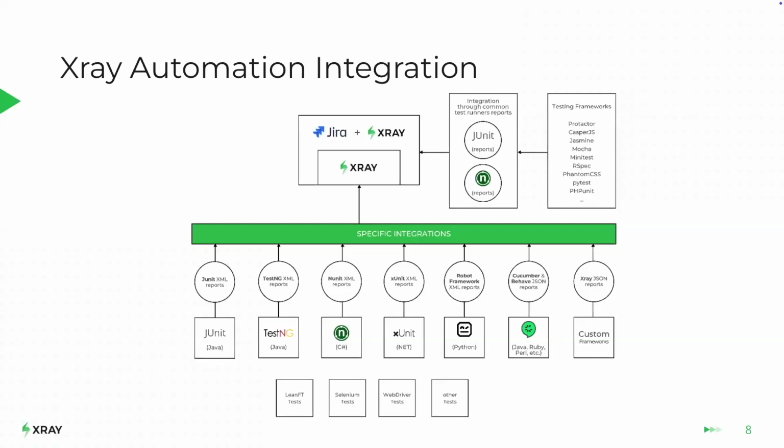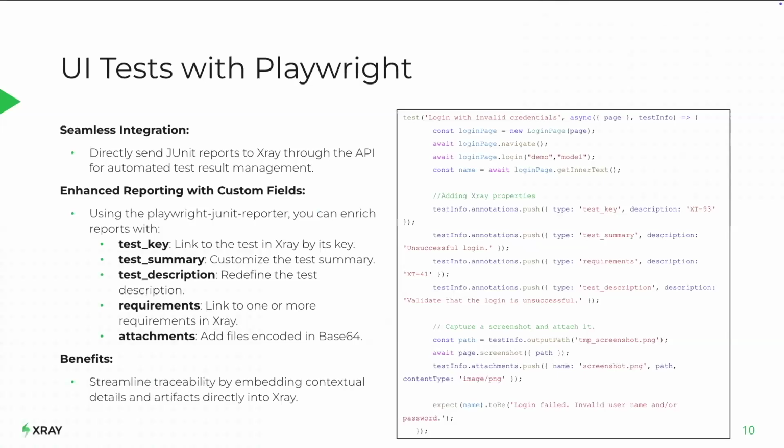So next, let's see how all of this looks with an example of Playwright tests. Before actually jumping into the demo, let's take a closer look at how Playwright can be used for UI testing while seamlessly integrating with Xray to enhance traceability and reporting.